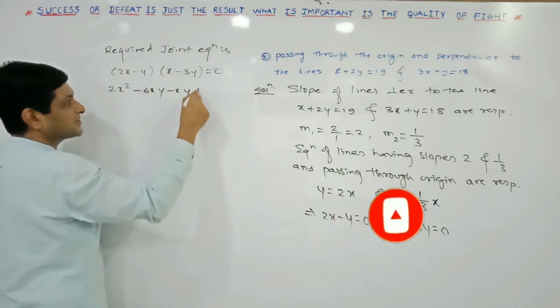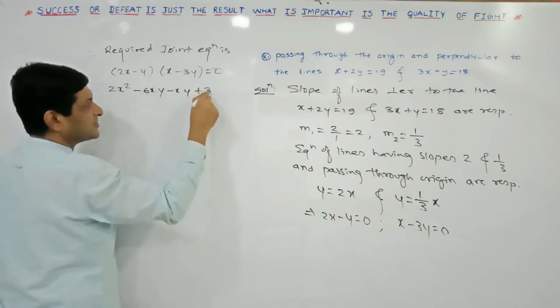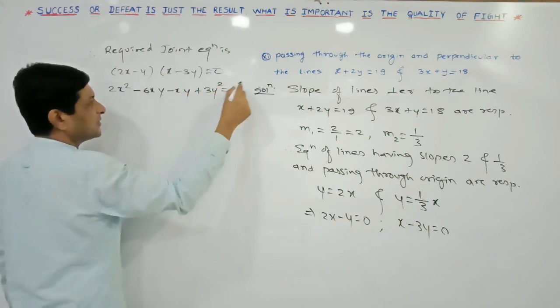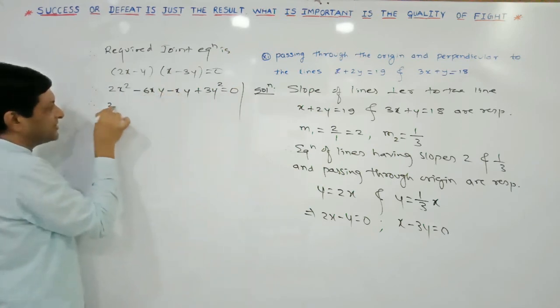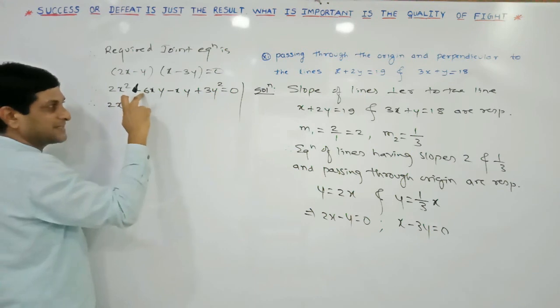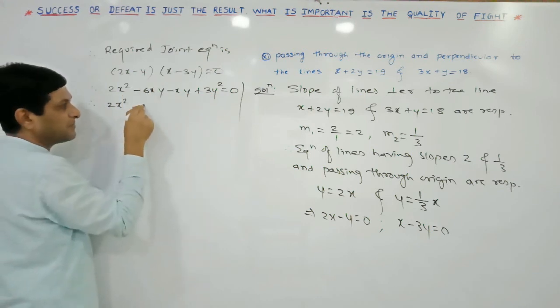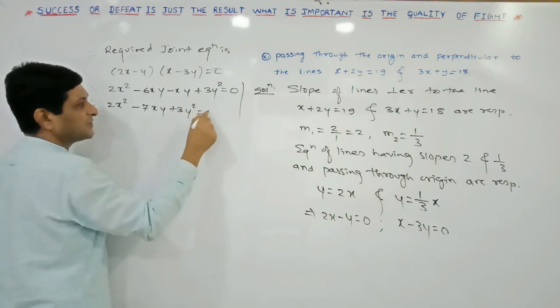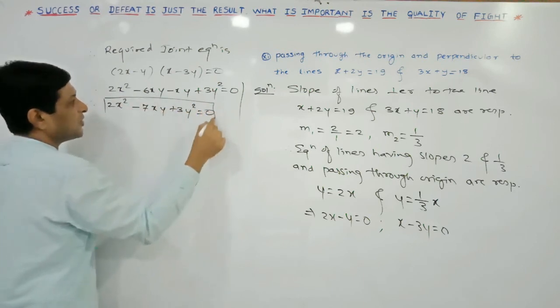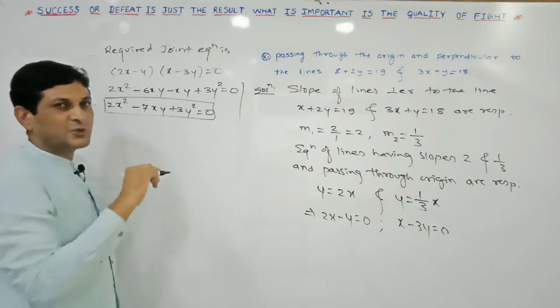Minus into minus is plus, and y into 3y is equal to 3y square, is equal to 0. Now again we are trying to collect the terms of xy here. So 2x square, minus 6 and minus 1 will be minus 7xy, plus 3y square is equal to 0. In this way we have got our required joint equation.